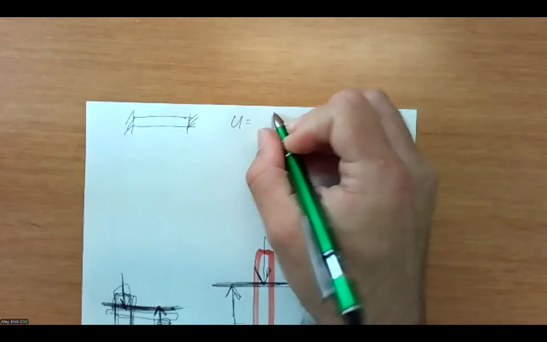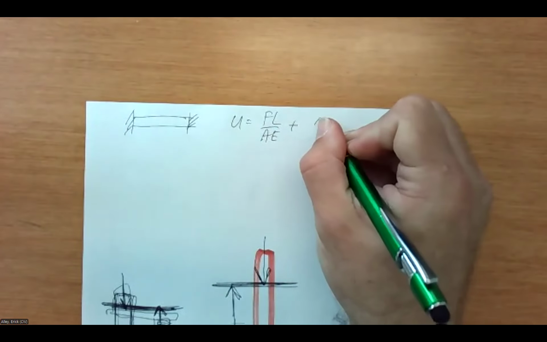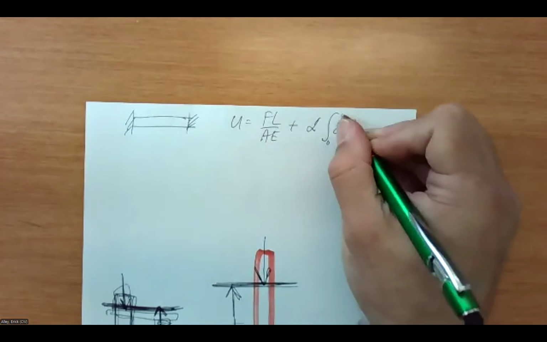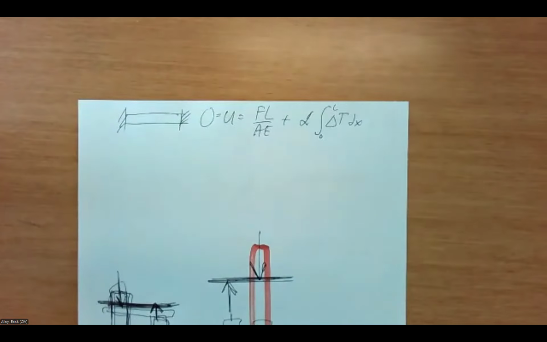My U is going to be FL over AE, plus alpha, and this time I've got the integral of delta T from 0 to L dx. And in the fixed end case, we're still at 0 over here.